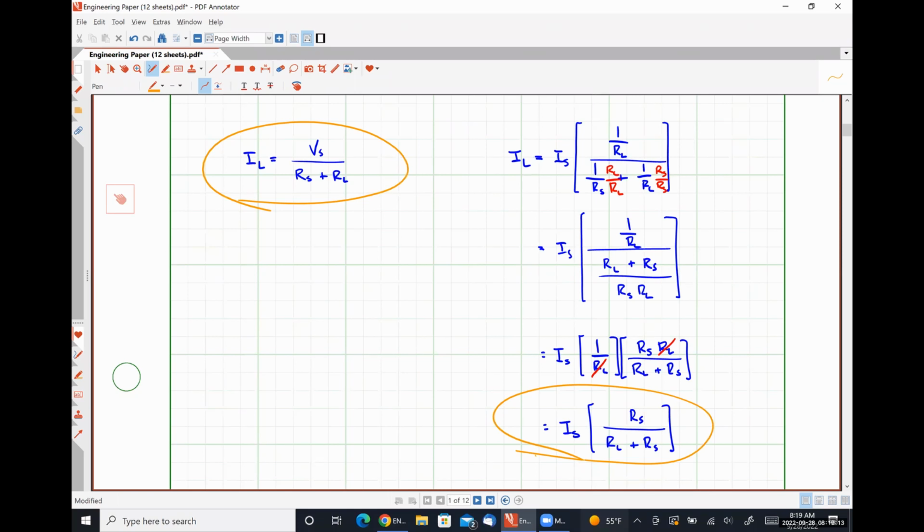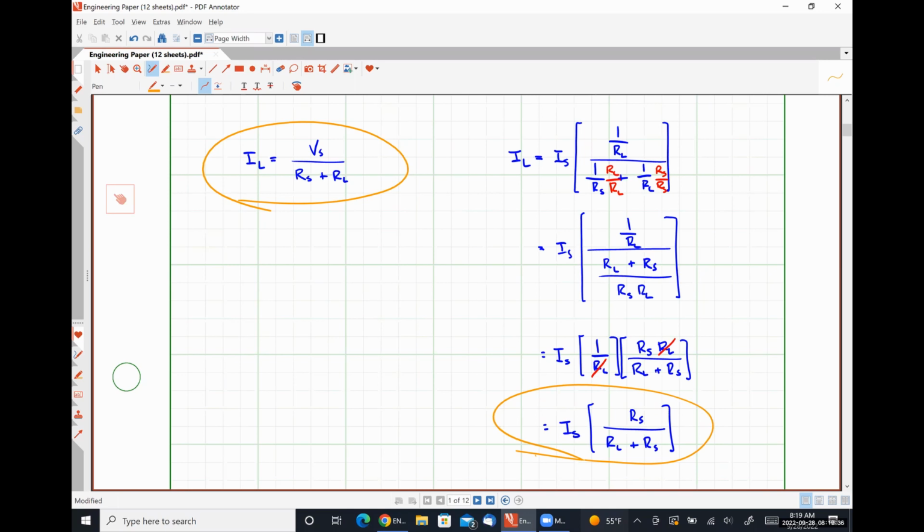Under what conditions are these two things equal? When IS times RL, or IS times RS equals VS.